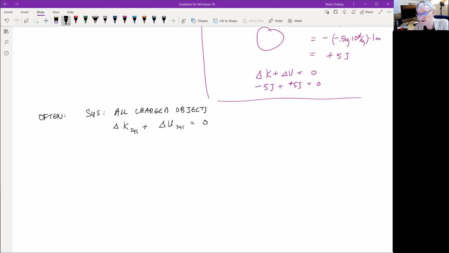In most of the cases, we're going to be considering things are happening quickly enough, particles are moving fast enough or whatnot, that the work by gravity is going to be negligible.